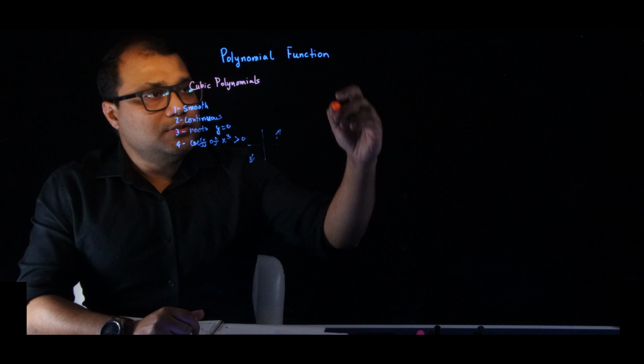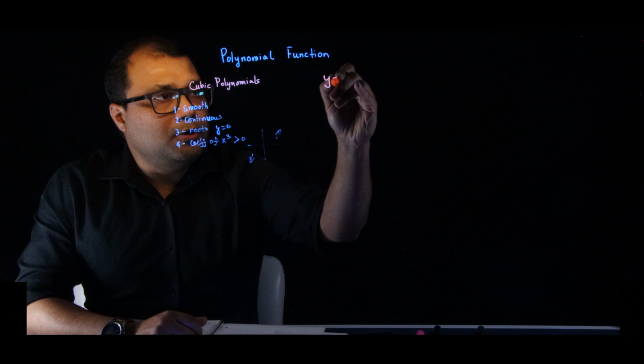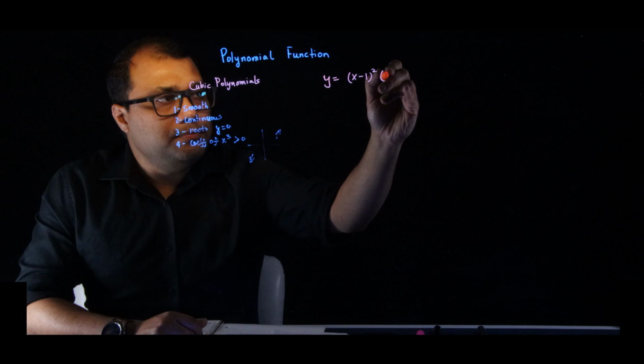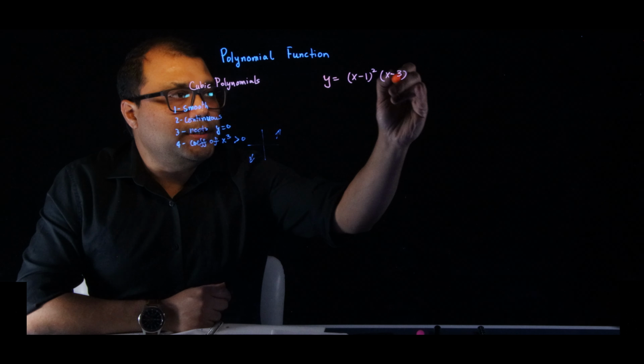Now let's look at a cubic polynomial like this: (x - 1) squared times (x - 3).